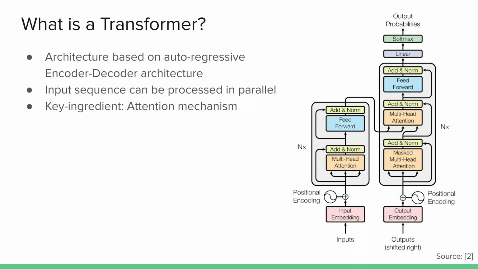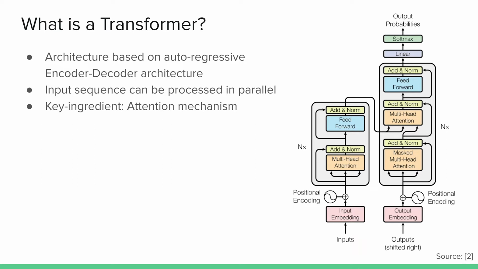And what's with this autoregressive? Autoregressive means that if we produce one word in our output, we feed that back into our model. The idea of transformers started with a paper called Attention is All You Need by the Google Brain team.